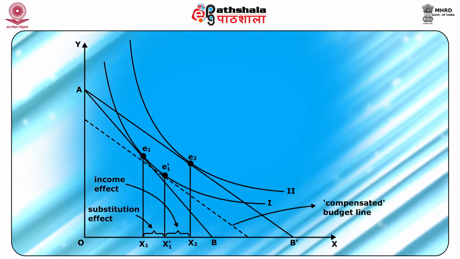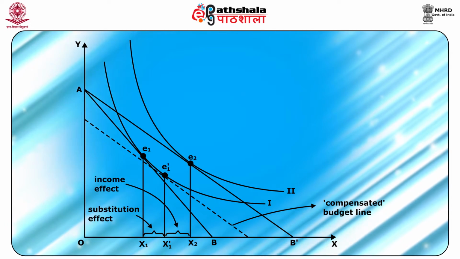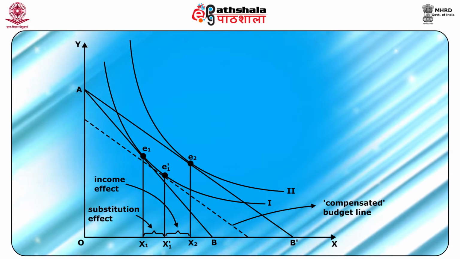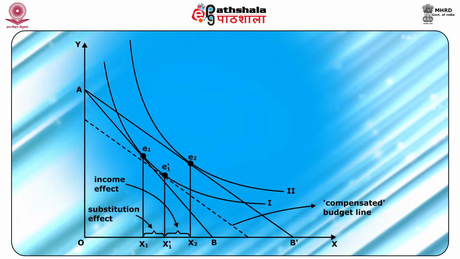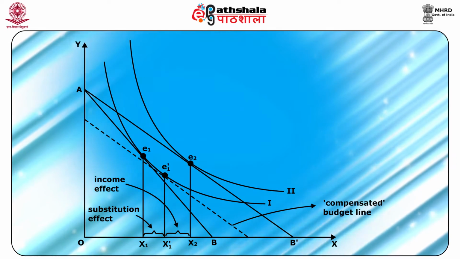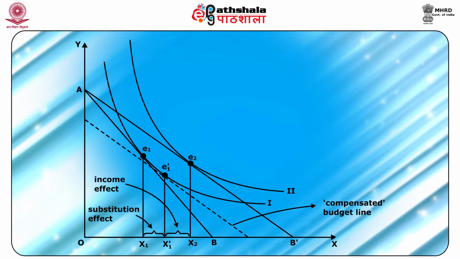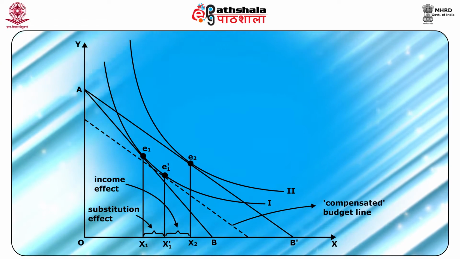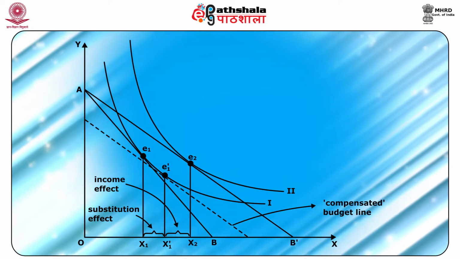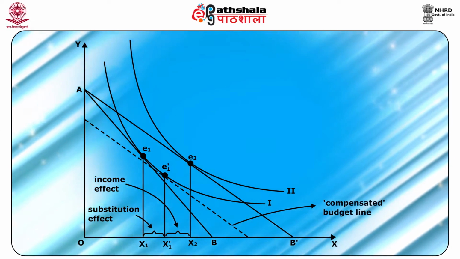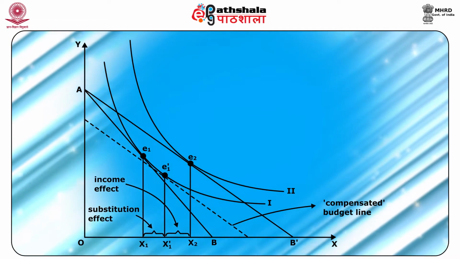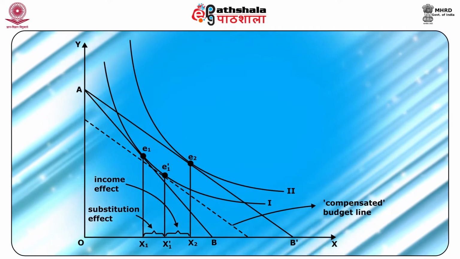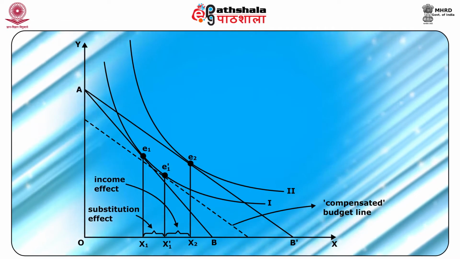So, the total consumption of X has increased from X1 to X2, but this has taken place in two parts, first from X1 to X1 prime and then from X1 prime to X2. The first shift is the substitution effect because it is taking place because of the pure effect of change in price without any change in the real income.